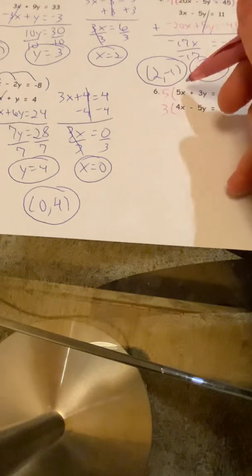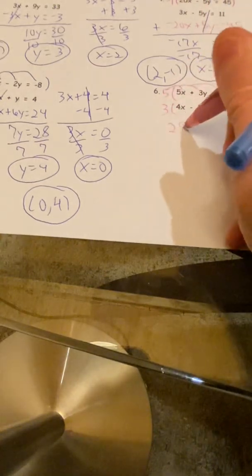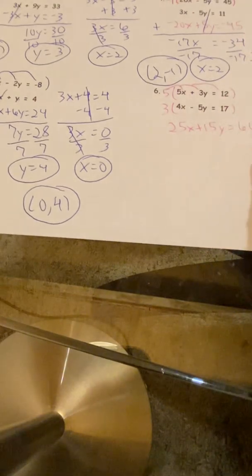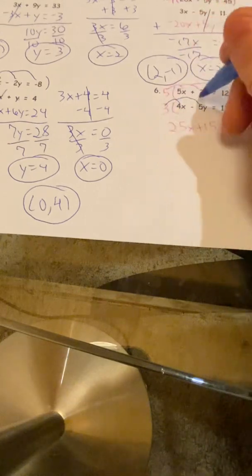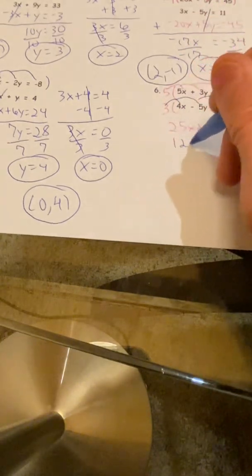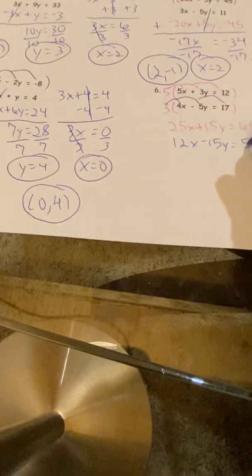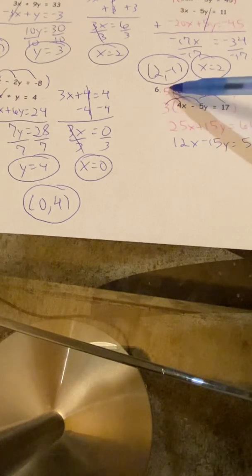And so when I do that, 25x, 15y, and 60. Then when I distribute to the bottom row, 12x, minus 15y and 51.